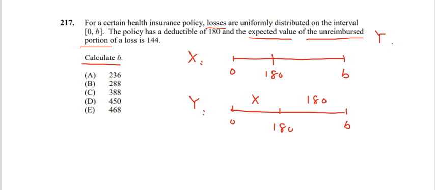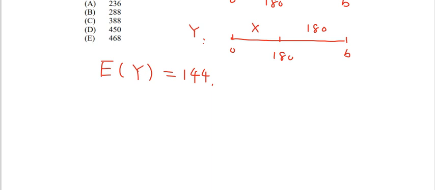So we find this expected value of y, the unreimbursed amount, equals 144. From here we can find this b. How can we calculate y?